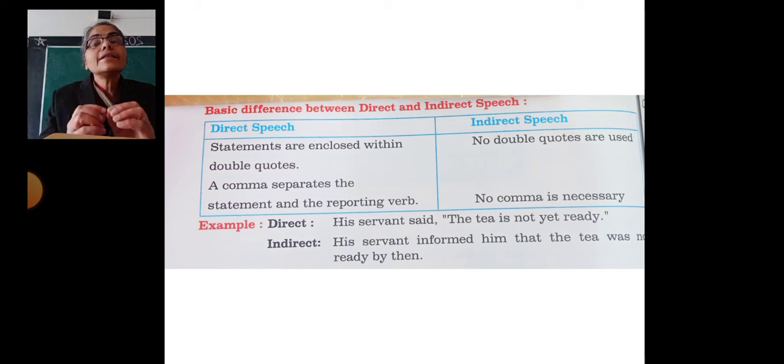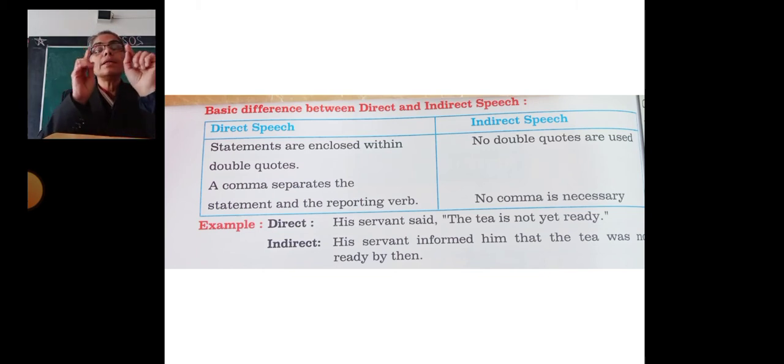In the direct speech, statements are enclosed within double quotes or double inverted commas. But in the case of an indirect speech sentence, no double quotes or no double inverted commas are used.